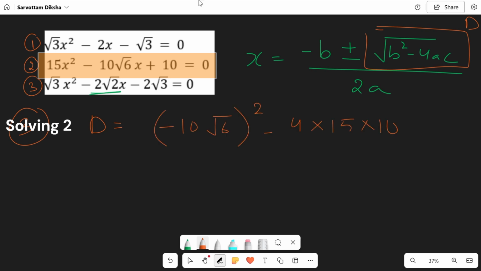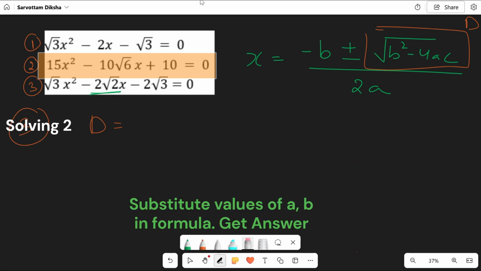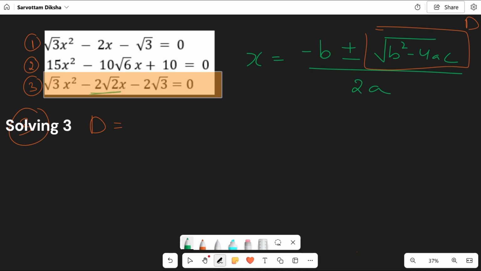I have substituted the values. Let me quickly solve it. Oh, I am getting it as 0. Yes. When I solved with the factorization method, I got equal roots. So D is 0 over here. So if I substitute the values, it is minus 2 root 2 square.